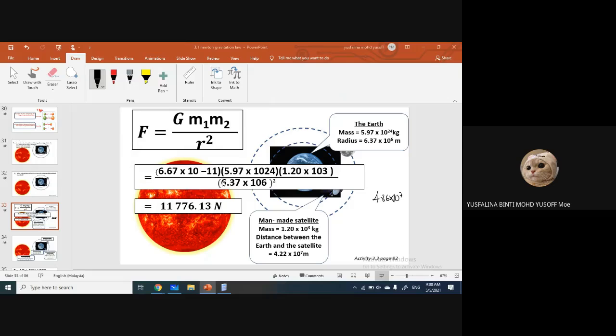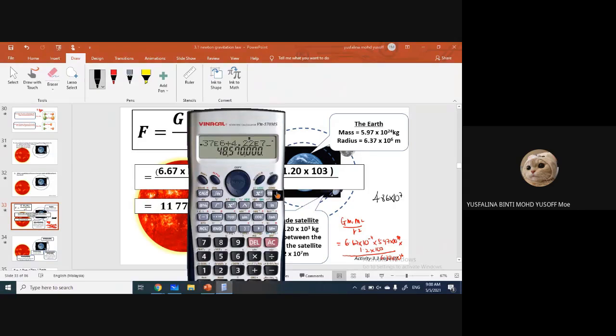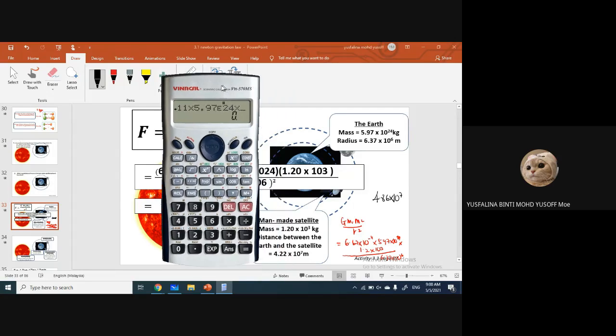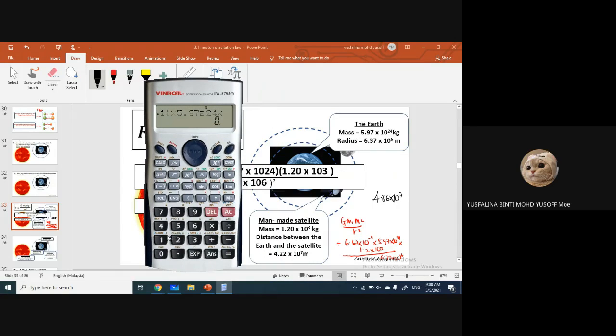Okay, let me check. So 6.67 exponent negative 11, multiplied by 5.97 exponent 24, and then you have to multiply with the mass of the satellite, 1.24 exponent 3.